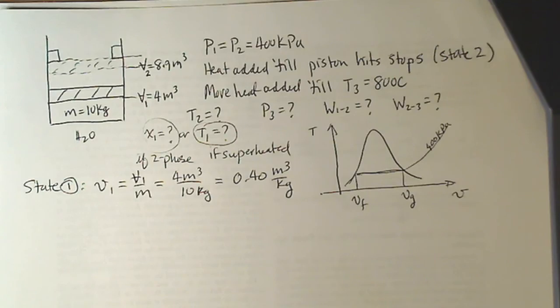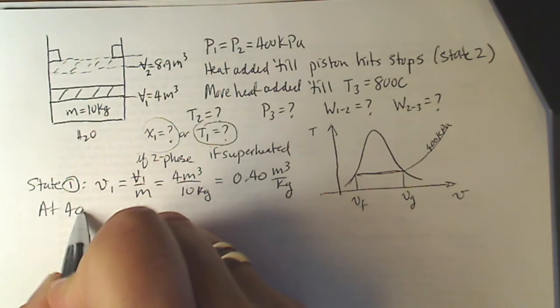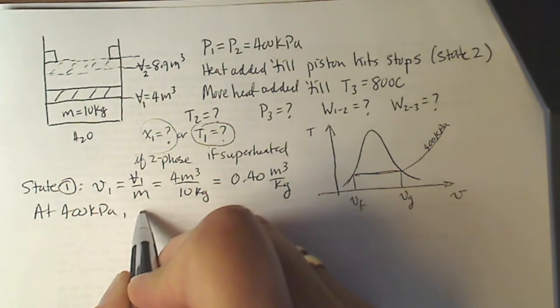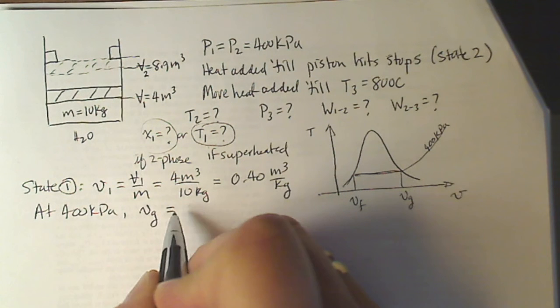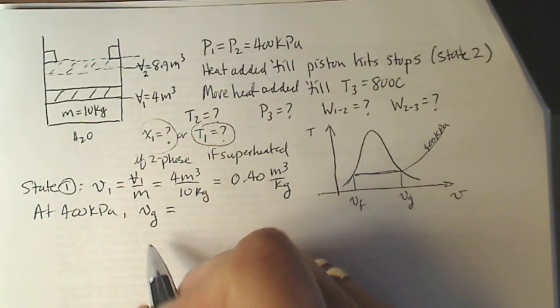I have a set of tables which I'm not able to show you. They're not printed out. But if I look in the pressure table for water at 400 kPa, I find that vg is 0.46242.